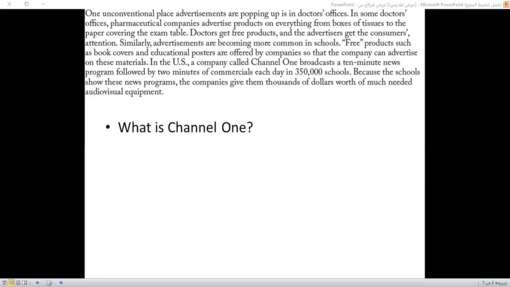They have posters advertising products, whether a skincare product or something related to toothpaste or toothbrushes in a dentist's office. Those companies pay, for example, the doctor's company, or they pay the doctor himself. Now, moving on to an example in the USA, there is a company which is called Channel One.